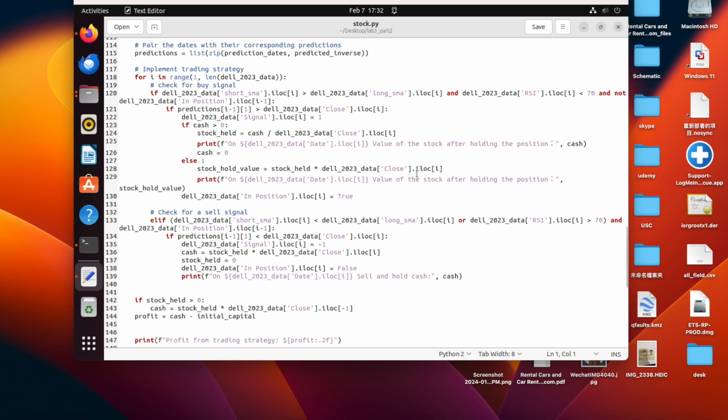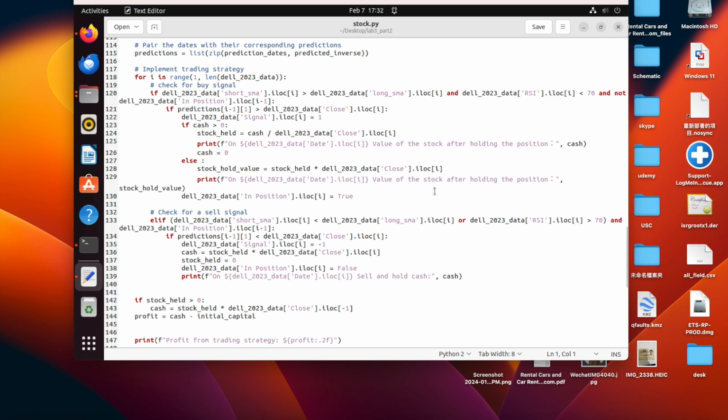At the same time, if the predicted price is lower than the current close price, it also means a selling signal. So combining these three pieces of information, in this case we can judge that the stock is in a downtrend and may be overvalued.